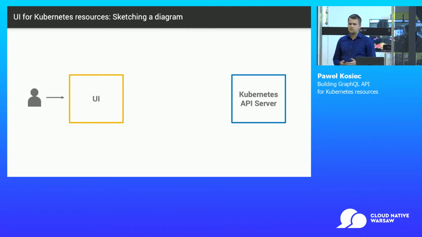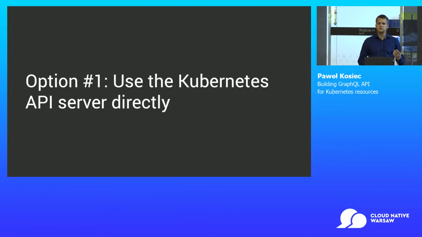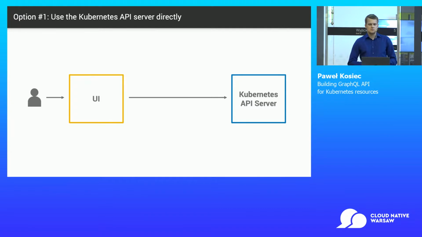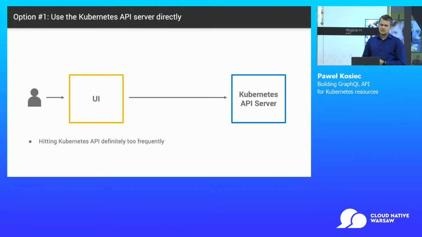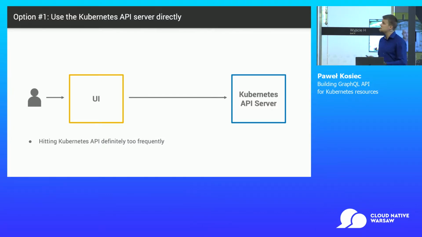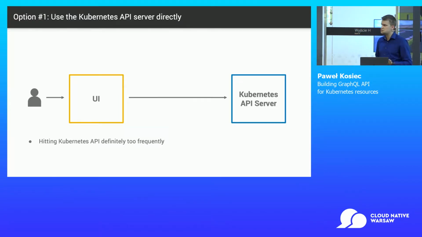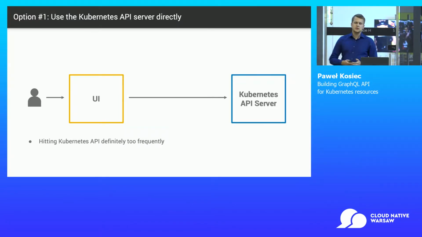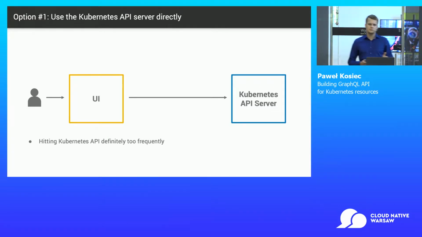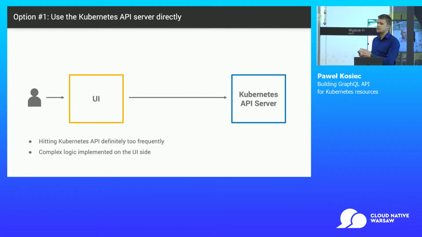What options do we have actually? The first option is to use the Kubernetes API server directly. This is how it would look, and problem number one is that in this case we are hitting the Kubernetes API server definitely too much. We need to remember that if we kill the API server, then the whole cluster is down. The second point is that on the UI side we have complex logic.